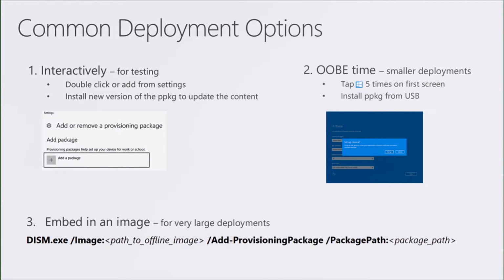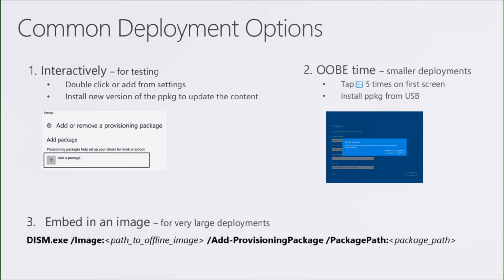Then if you have a small deployment, like several dozen devices, even several hundred devices, what you could do is take the provisioning pack, copy it to a USB stick, and put it on the devices one at a time. When Windows boots up, if you insert a USB stick that has a single provisioning pack on it, that'll bring up a little dialog that says, do you want to install a provisioning pack?